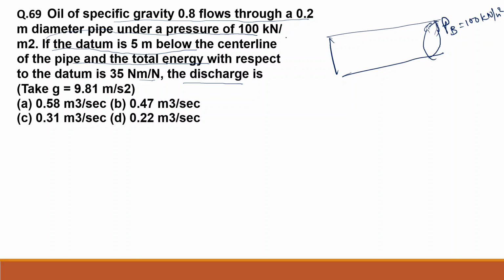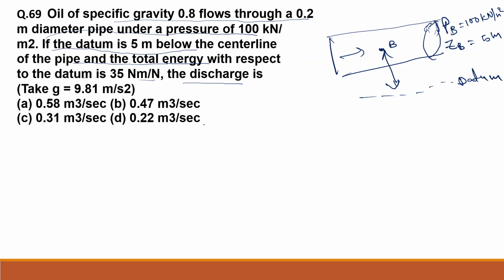PB is given 100 kilonewton under pressure, and ZB is equal to 5 meter. This is datum line. This one is point, and this way the datum line is taking place.